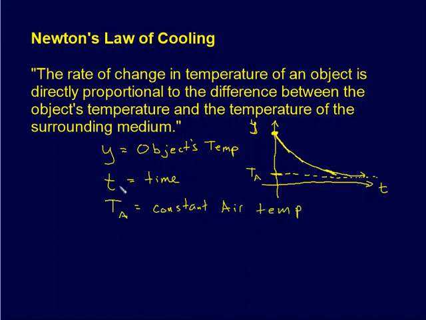And then finally, there's going to be a constant of proportionality, because we have direct proportionality here. So there will be another proportionality constant, and we'll specify that right now too.